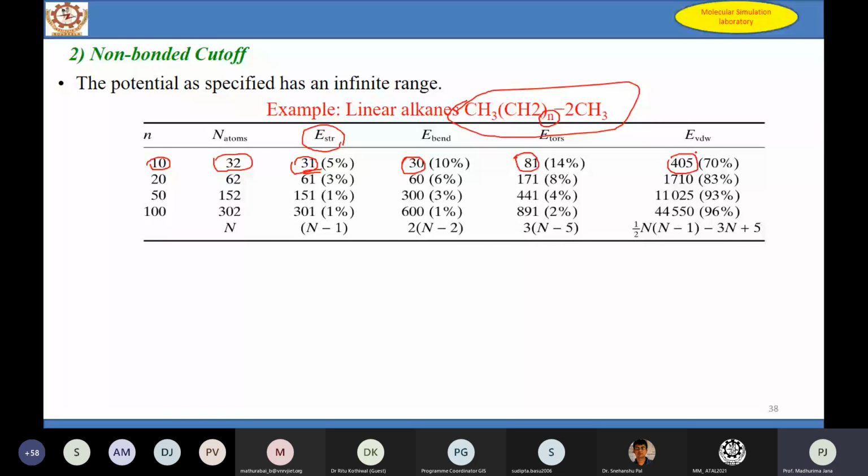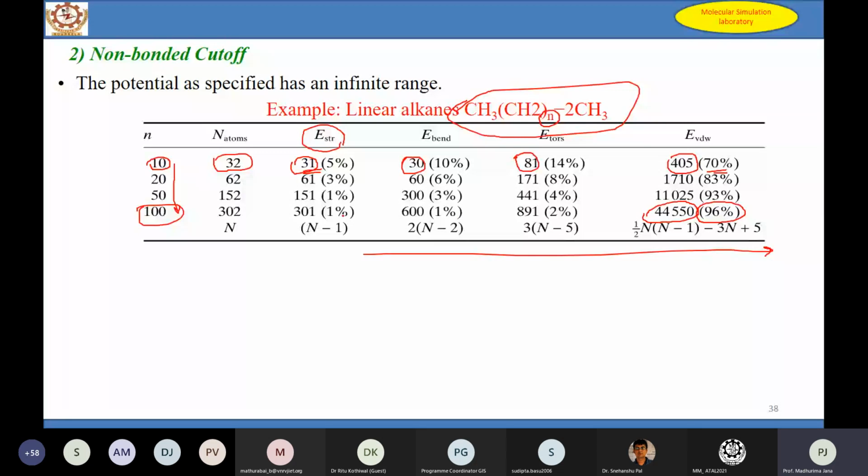Once you increase the number n, from bond stretching to van der Waals you can see how the numbers change. Here only 70% of the total is van der Waals interaction. When the number increases to 100, 96% of all the terms are van der Waals interactions, only 2% are torsion, 1% bending and 1% stretching.